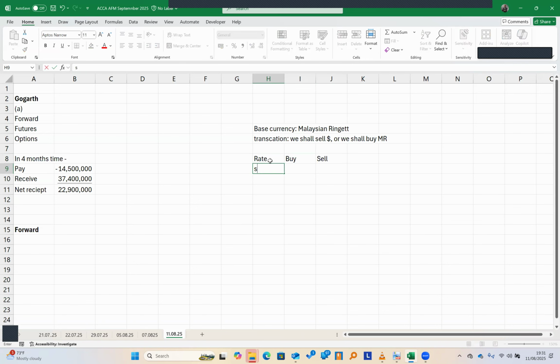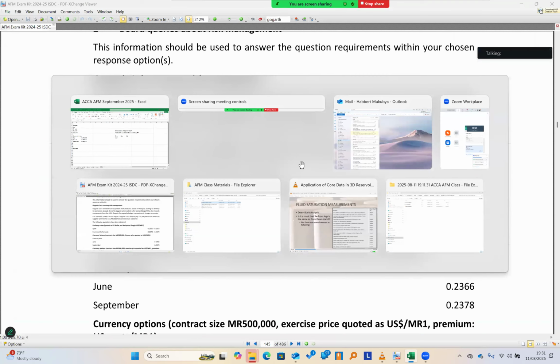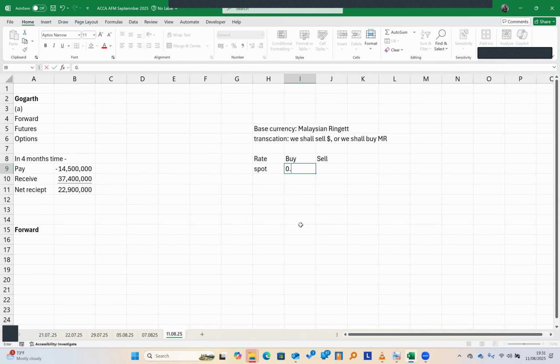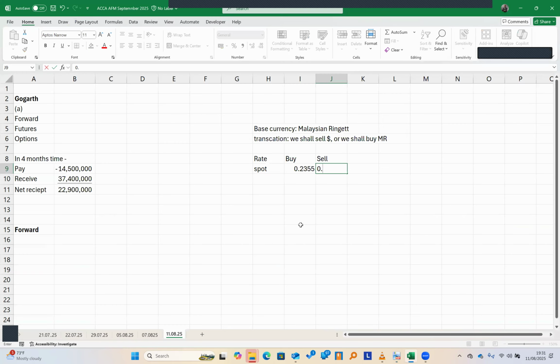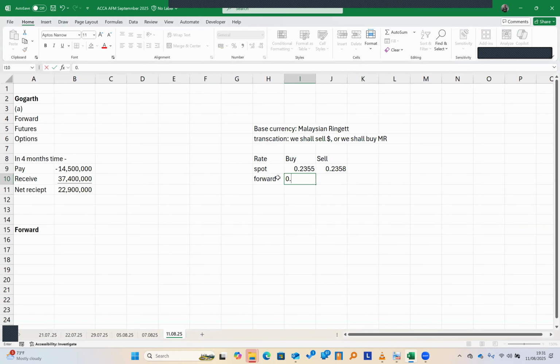Okay, for example, the spot, they gave us 0.2355, and then they gave us 0.2358. Then they gave for the forward 0.2370 and 0.2374. So those are the rates that they gave us.